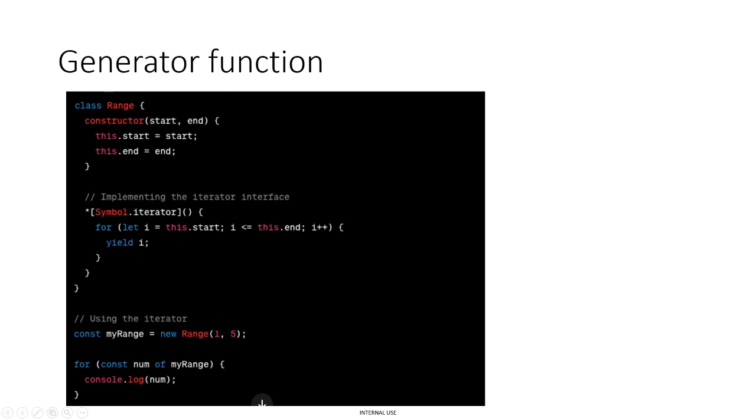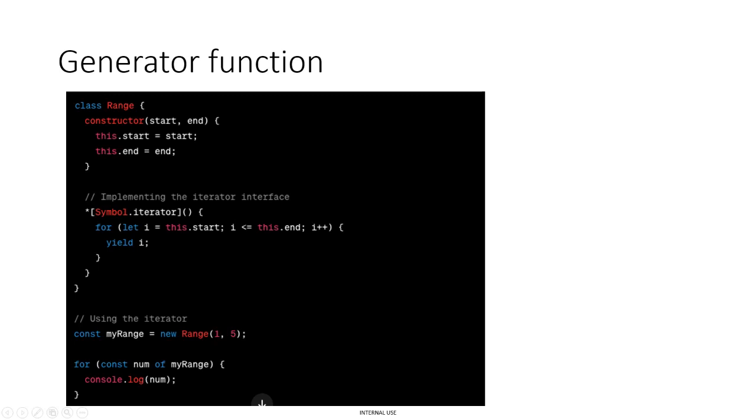Now when you come down here, you create a new Range object, and then you can for-of loop over each number of the range. If you put in 1 through 5, it's going to print out the numbers 1, 2, 3, 4, 5.